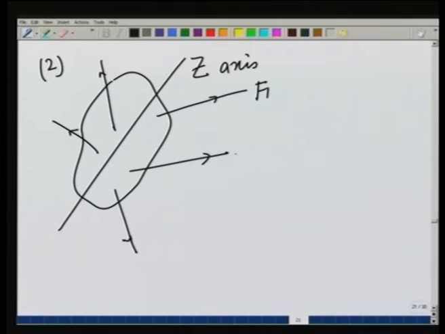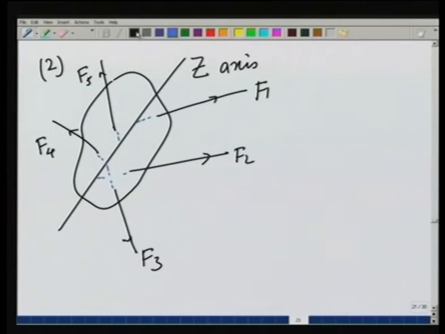So, this is force F 1, force F 2, force F 3, force F 4, force F 5, and they are all intersecting the z axis or a given line at one point or the other. Let us see what happens in this case.